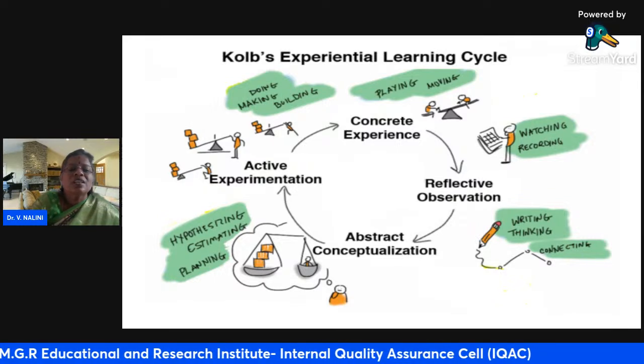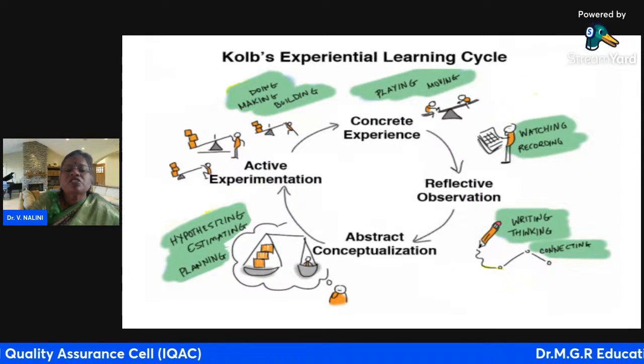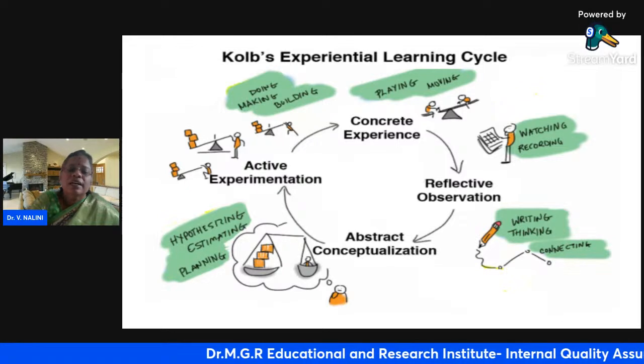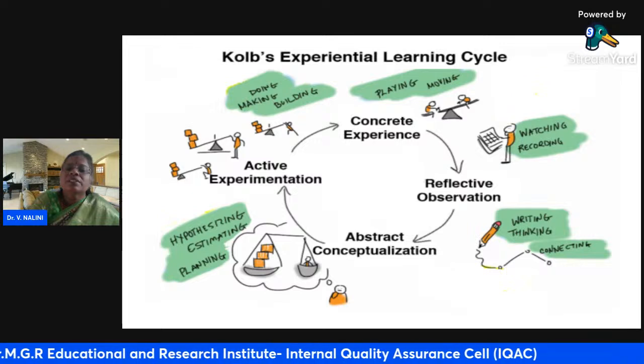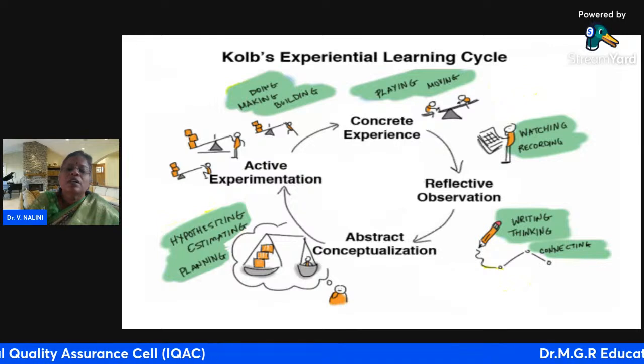So initially, Kolb's experiential cycle. Kolb, this psychologist, derived this experiential learning cycle. First, concrete experience, that is whatever you do, everything comes into the concrete experience. And then comes reflective observation, so reflect and record everything.